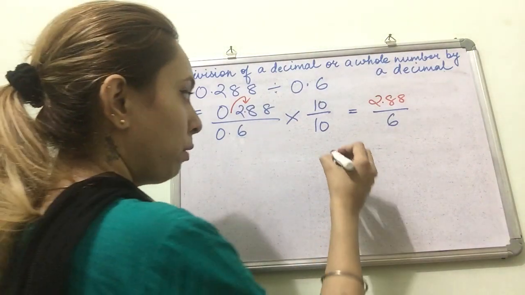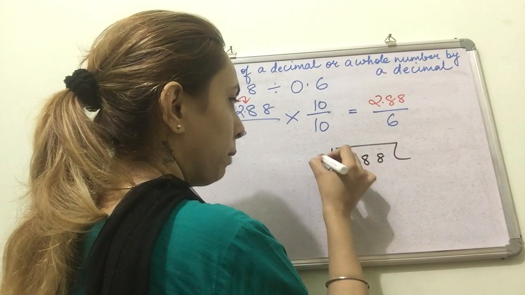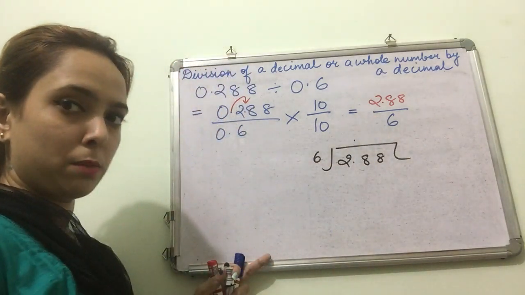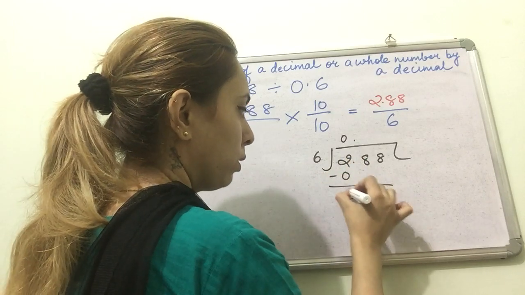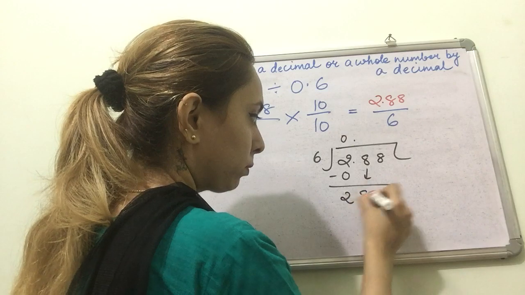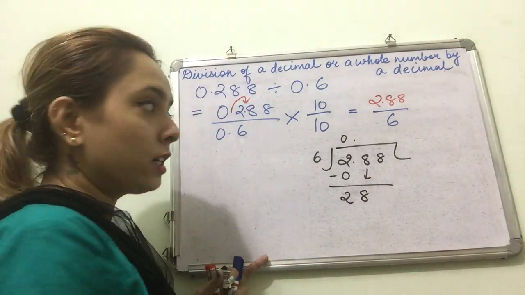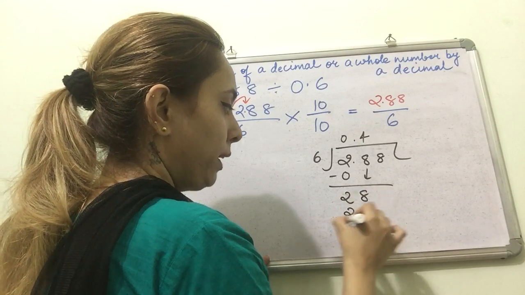Now we can perform the division. 2.88 by 6, decimal over decimal. 6 zeros are 0. 28, 6 fours are 24.